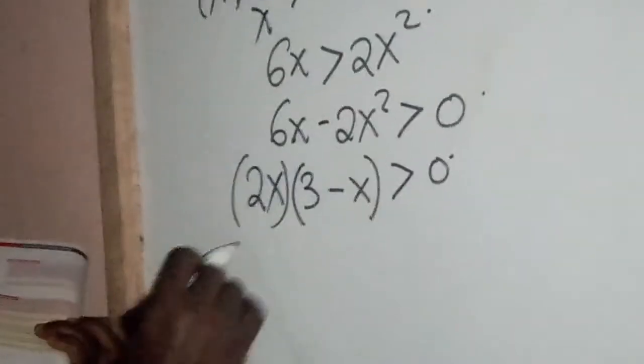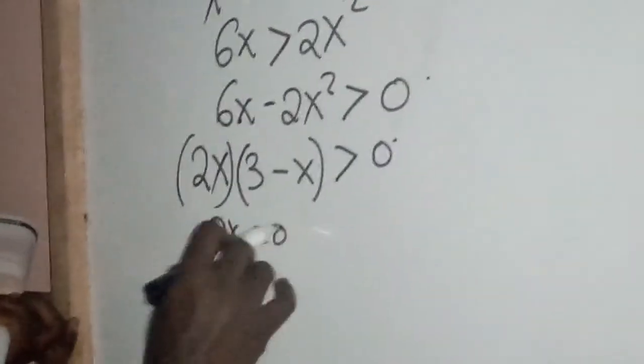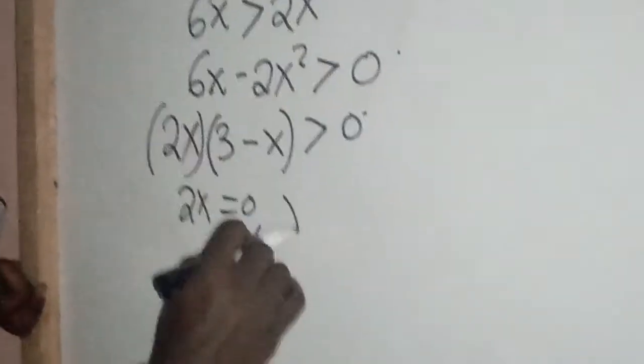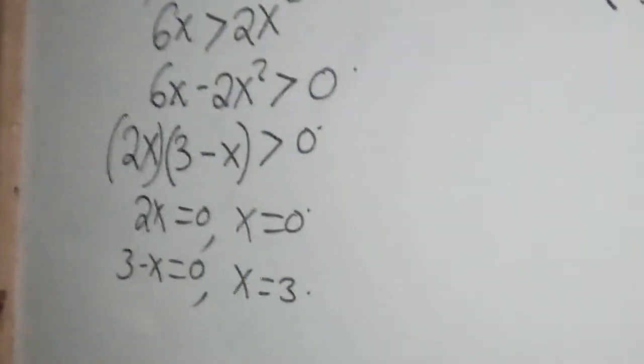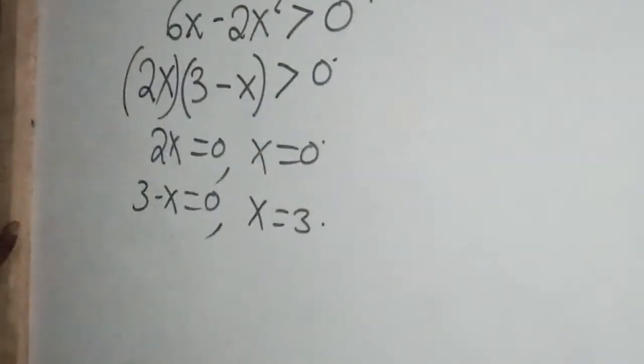Assuming this is one bracket, then we can say 2x can be equal to 0, and if this is true, x is 0. This is one of the critical values. 3 minus x is equal to 0, and if this is true, then x is equal to 3. And we're talking about the two critical values.